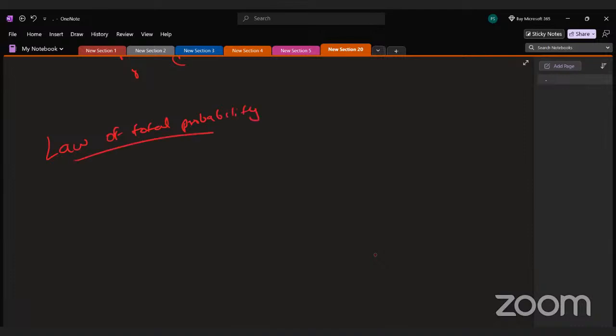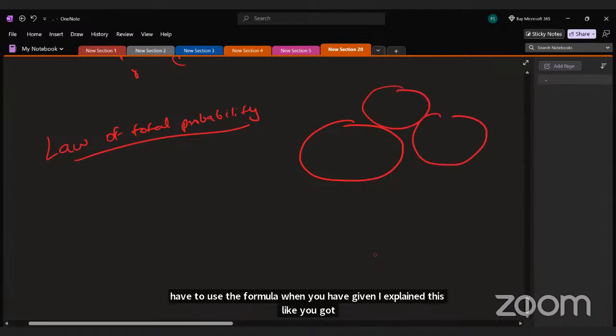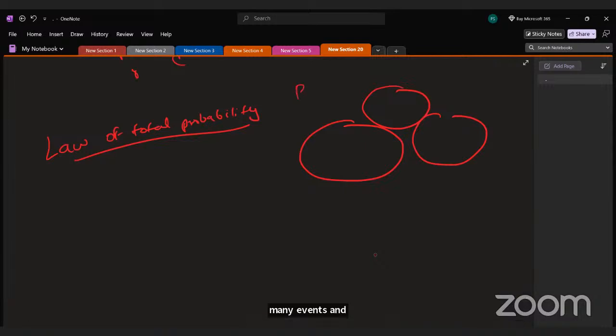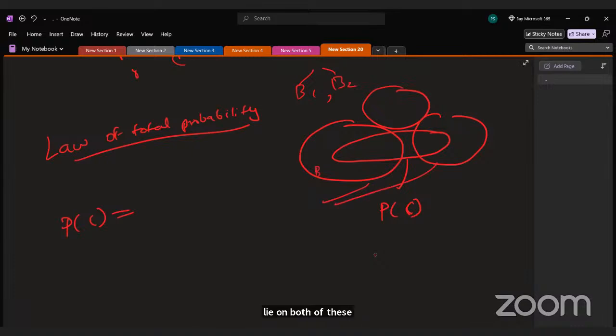You have to use the formula when you have many events. In the question we had bags B1 and B2, and both bags contain cinnamon and ginger candies, and we have to find the probability of choosing one cinnamon candy. This probability of choosing a cinnamon candy lies in both bag B1 and B2.